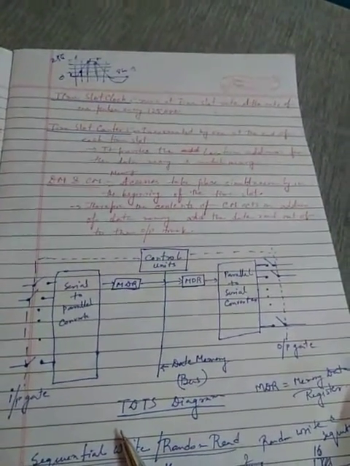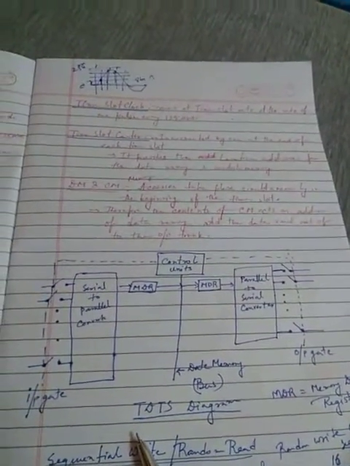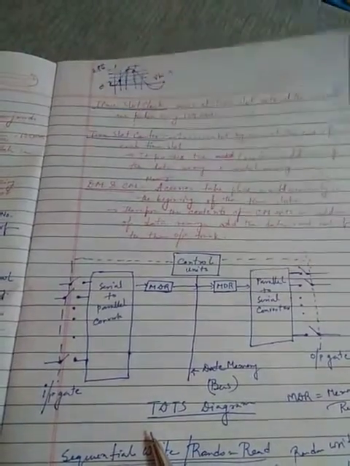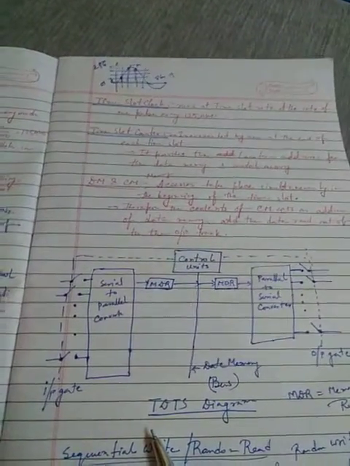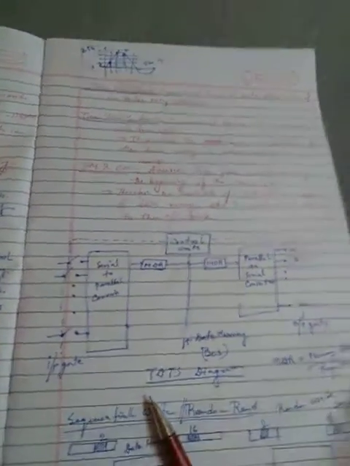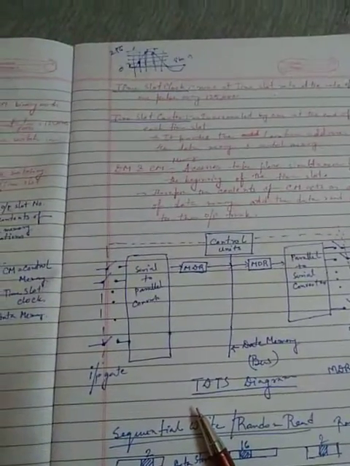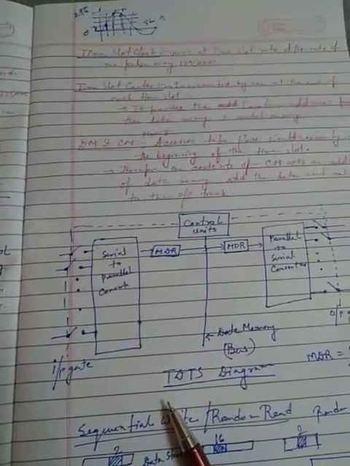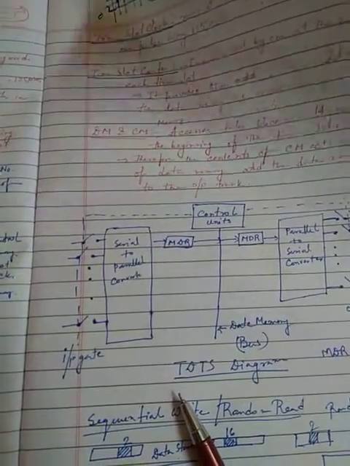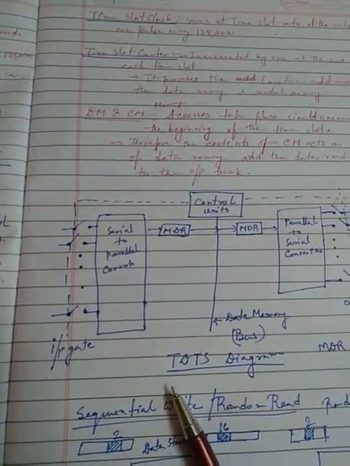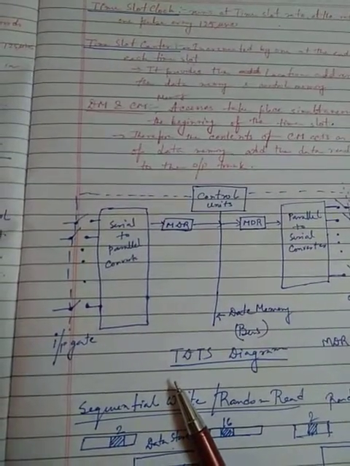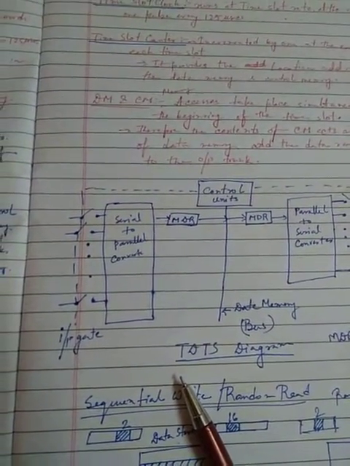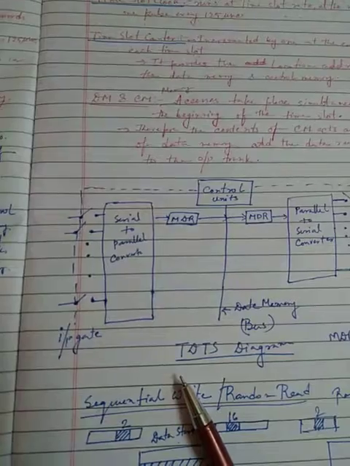For convenience I have drawn 2 MDRs, but actually there is one MDR available, which will be controlling this gate mechanism. Then we can see one data memory bus and the control unit. The input and output lines are connected to a high speed bus, that is the data memory bus, through input and output gates.